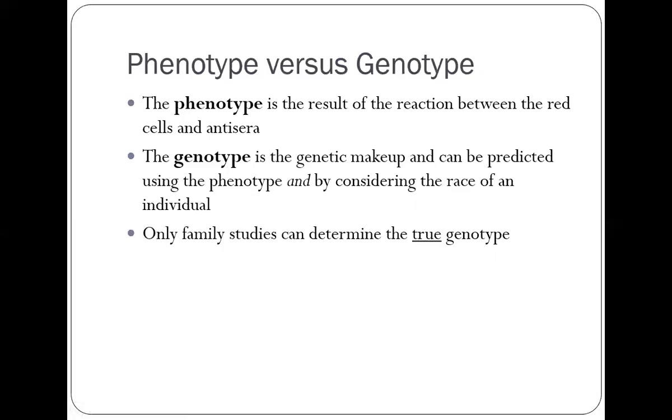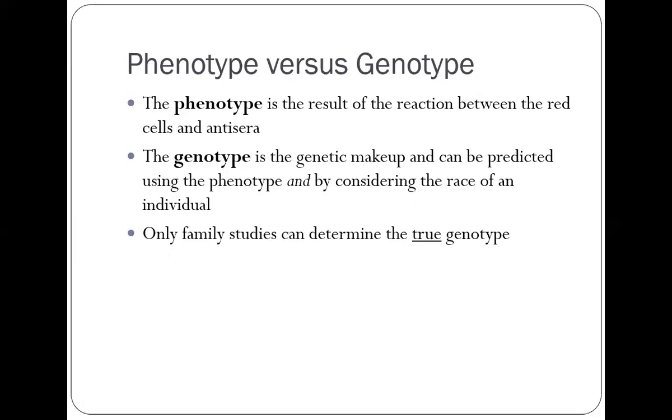Okay, so we need to remember again, I've been talking about phenotypes and genotypes. The phenotype is the result of the reaction between the red cells and the antisera. It's what we see serologically. The genotype is the genetic makeup, which can be predicted by looking at the phenotype, or the reactions that we're having with our methods.